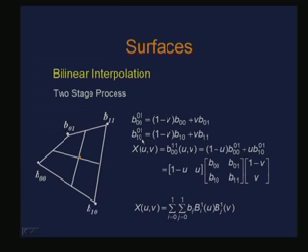So, I get some point here which is nothing but the linear interpolation of B10 and B11. Now, I apply again a linear interpolation, now in u, the other parameter, and I obtain this point, and that is the point on the surface.